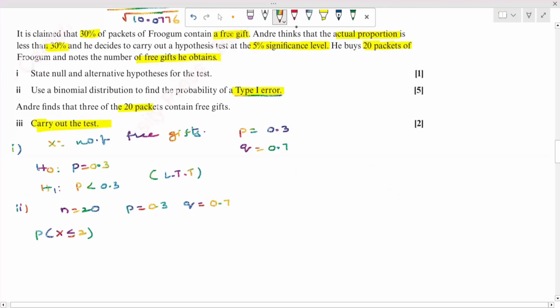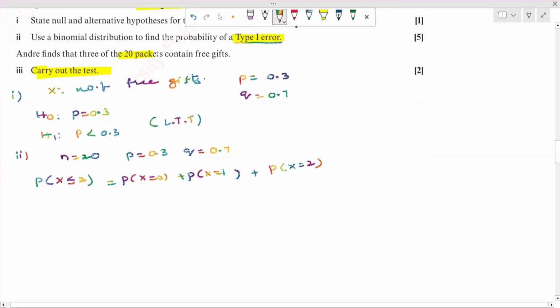P of X less than or equals to 2 means P of x is equals to 0 plus P of x is equals to 1 plus P of x is equals to 2. Now simplify this value. 0 means straight away 0.7 whole to the power of 20, plus 20 C1, 0.3 to the power of 1, 0.7 to the power of 19, plus 20 C2, 0.3 squared and 0.7 to the power of 18.